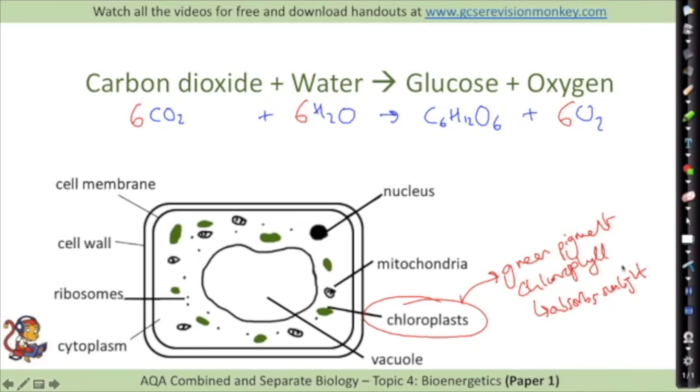So sometimes on top of these arrows you might see sunlight and chlorophyll to show that both of these things are needed for this process. But ultimately the goal of photosynthesis is to produce glucose that the plant then uses as its food. This reaction is an endothermic reaction linking to the chemistry topic because it takes in energy.